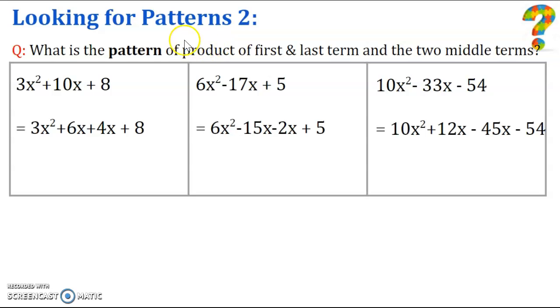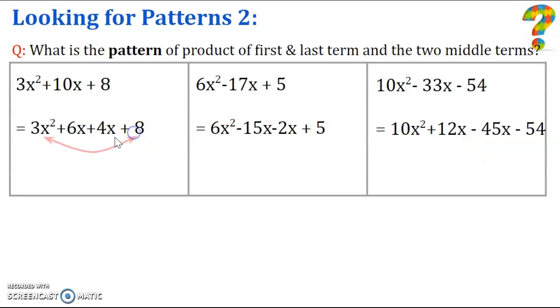All right, something else, another pattern to look for. What is the pattern of the product of the first and last term and the two middle terms? Once you've split, these are all the problems that we've already done during the class. Once you've split the 10x as 6x plus 4x, or negative 17x as negative 15x minus 2x, and negative 33x as 12x minus 45x, we split this using the diamond problem, so we know that that is true.